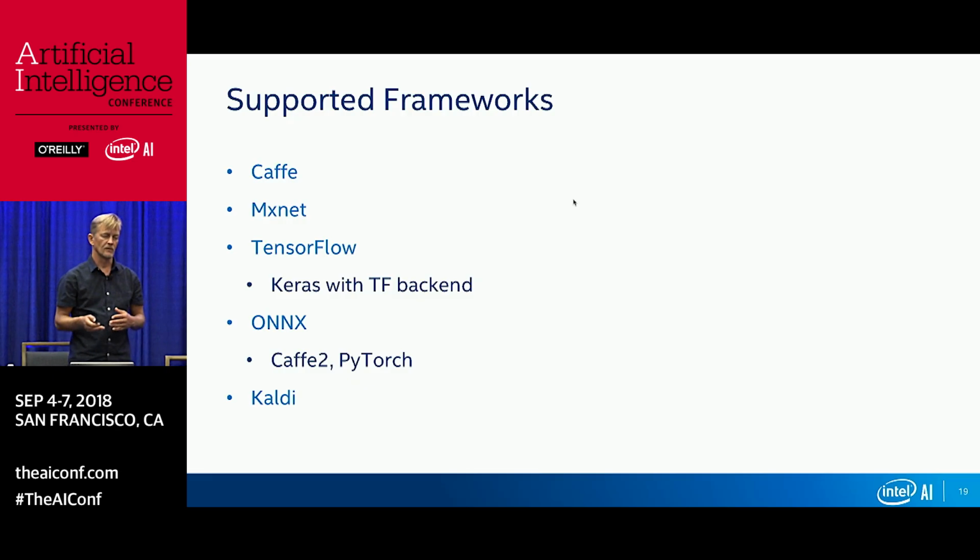From these, we have support for Keras as well, if it's using a TensorFlow backend. In the latest release, we added ONNX support. So using ONNX, we have support for Caffe2, PyTorch, and any other framework that can export to ONNX format. And plus, for some speech workloads, we have support for the Kaldi framework as well.